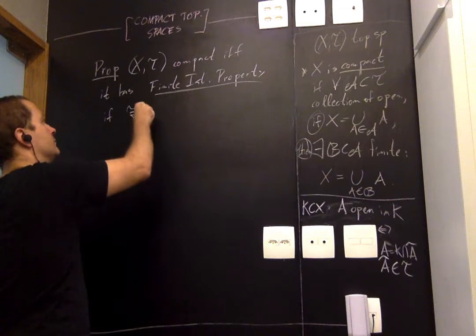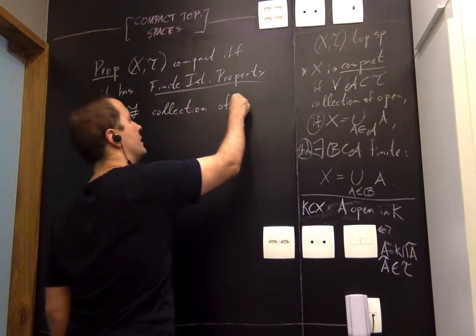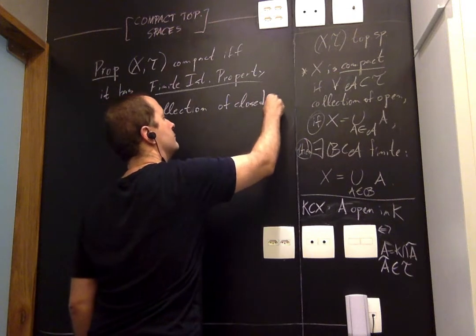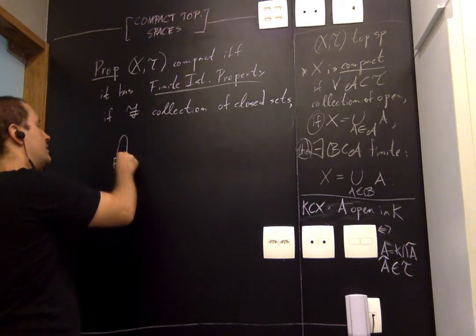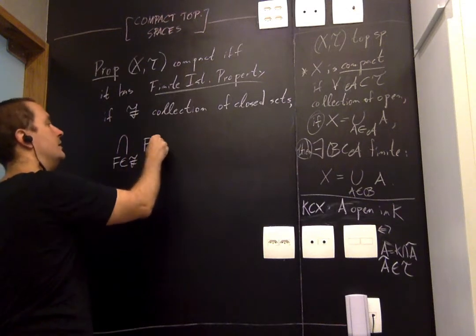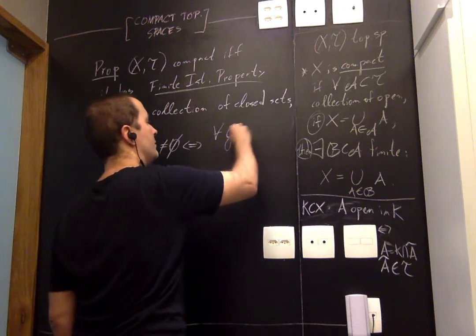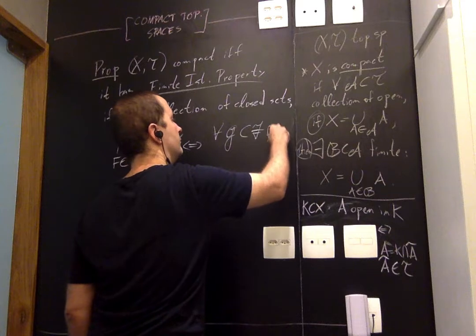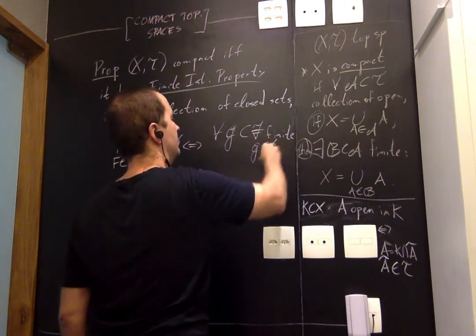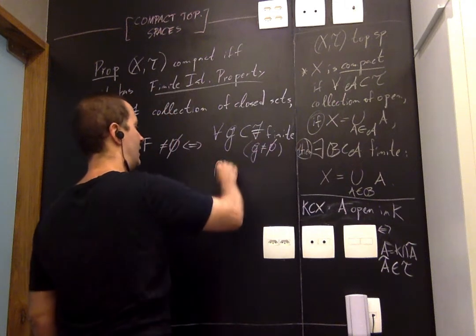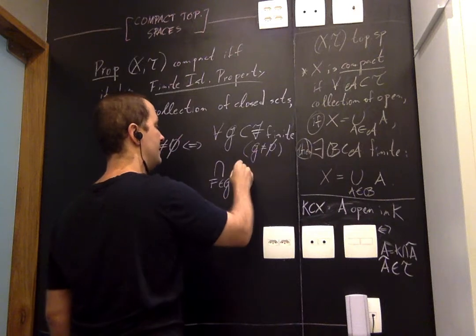If I have a collection of closed sets, then the intersection of these closed sets is non-empty if and only if, for any finite subcollection, and non-empty, right? Otherwise it's not much fun. I have that the intersection of this finite collection is also non-empty.